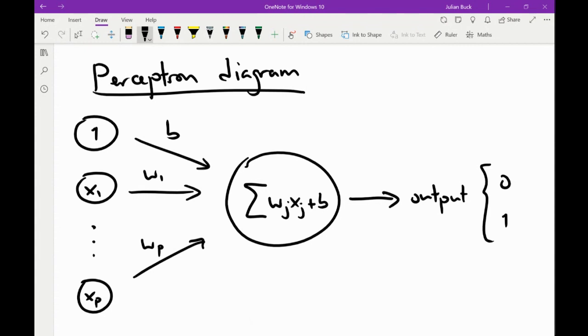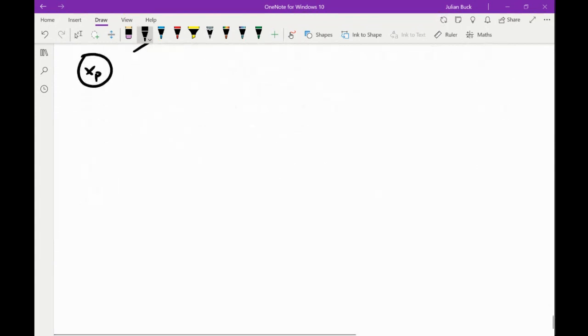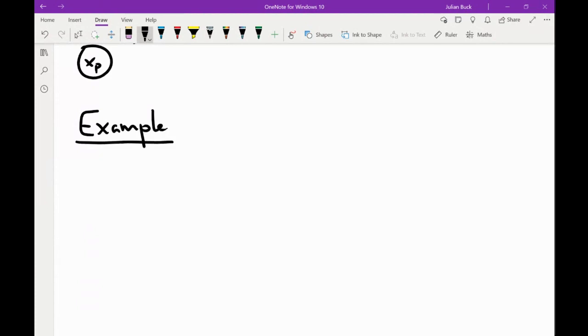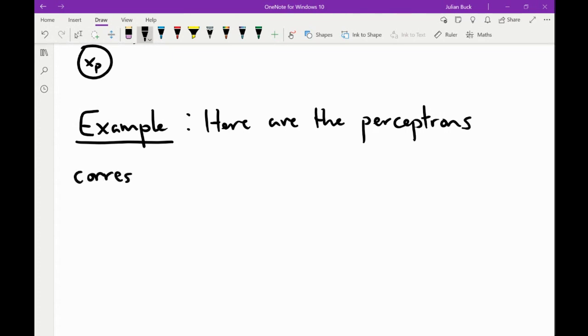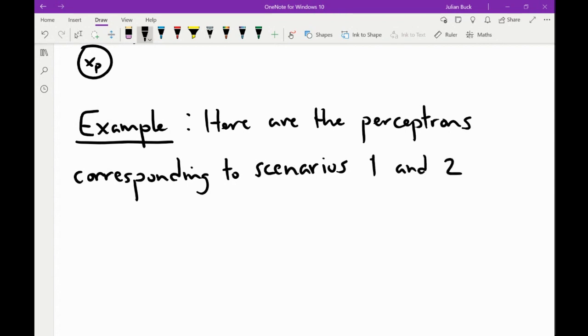All right. So as an example, here are the perceptrons corresponding to scenarios 1 and 2 from our earlier example.